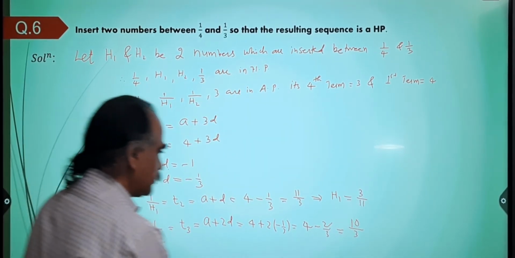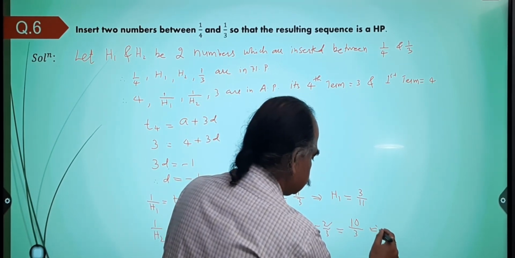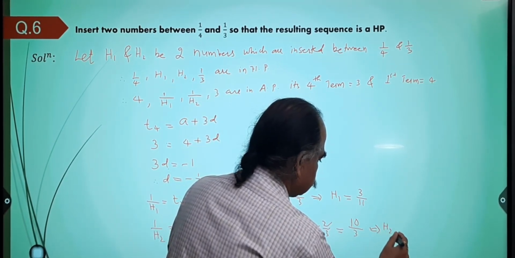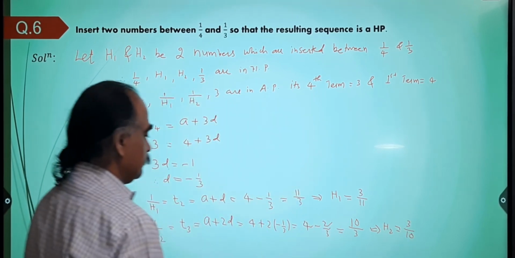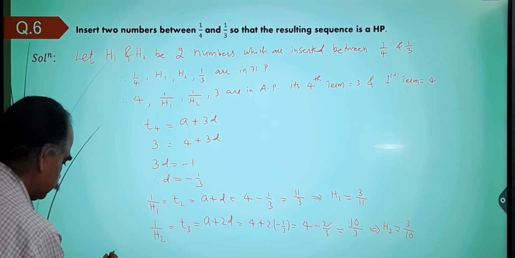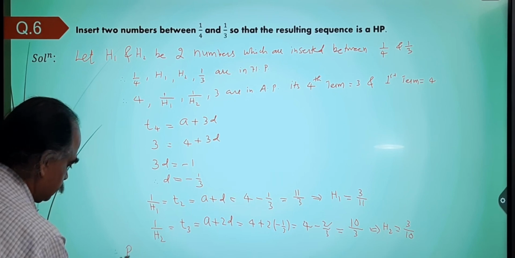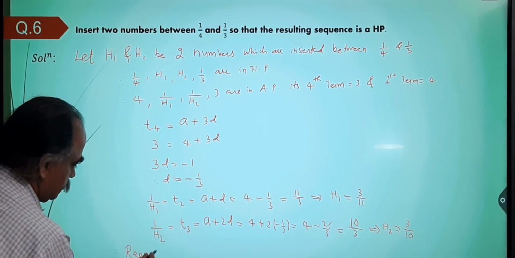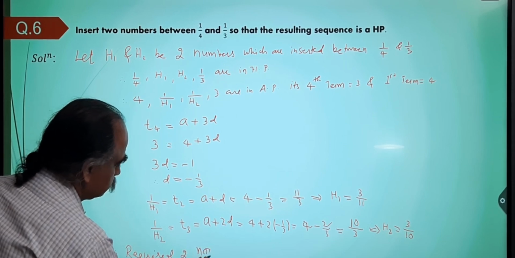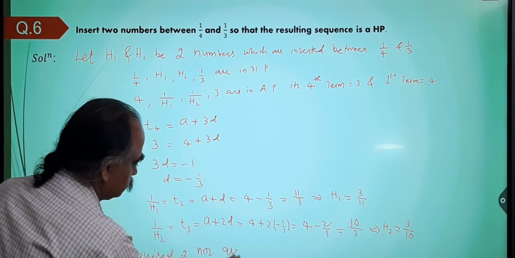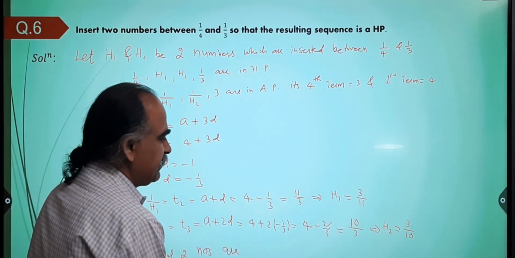So H2 is 3 upon 10. Therefore, required two numbers are 3 by 11 and 3 by 10.